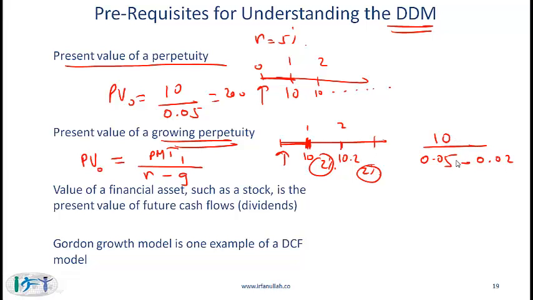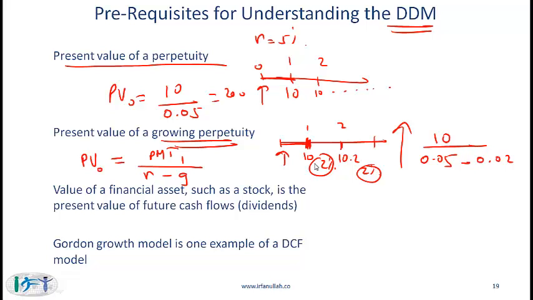This expression will give you the present value of the growing perpetuity. Notice that the present value of the growing perpetuity has a smaller denominator compared to the regular perpetuity, and therefore this number will be higher, which makes sense because the numbers are growing. The other point is that if our growth rate is higher, instead of 2% it is 3%, that makes the denominator even smaller and the overall value becomes larger.